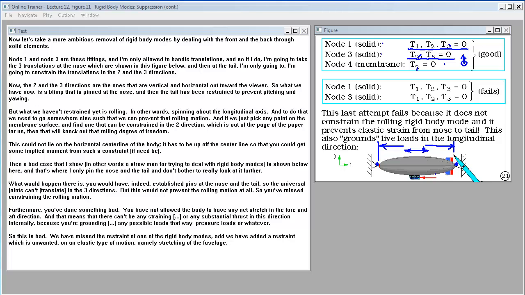So this is bad. We have missed the restraint of one of the rigid body modes, and we have added a restraint which is unwanted on an elastic type of motion, namely stretching of the fuselage.